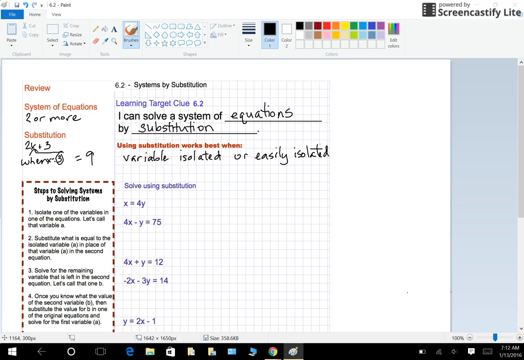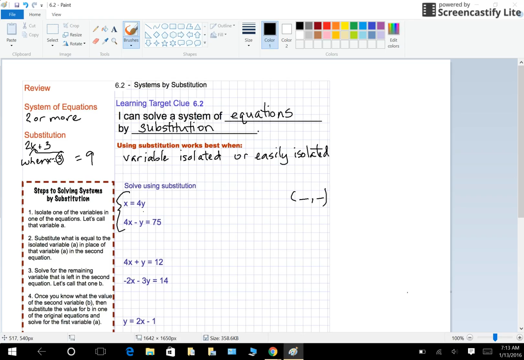Here I have a system of equations, x equals 4y and 4x minus y equals 75. And when we write a system of equations, we usually put a big curly bracket next to that to show that that's a system. And what we're trying to do is find the point, the x and the y value that is common with both of those, that will be a true statement in both of those.